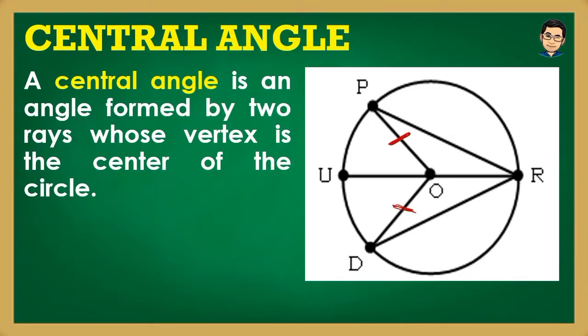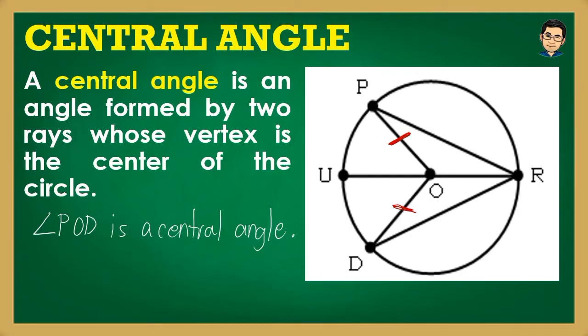So yung isang central angle na pwede nating i-name dyan is, of course, using the symbol for angle, angle POD. Ayan, POD is a central angle. It's because yung vertex niya is nasa center ng circle.